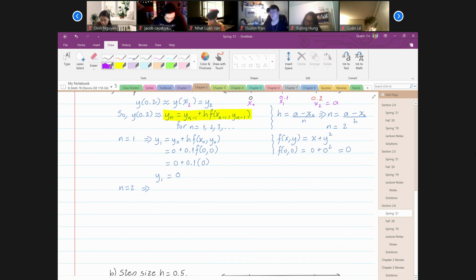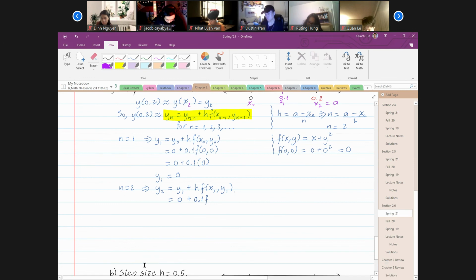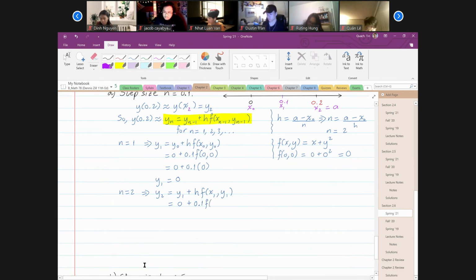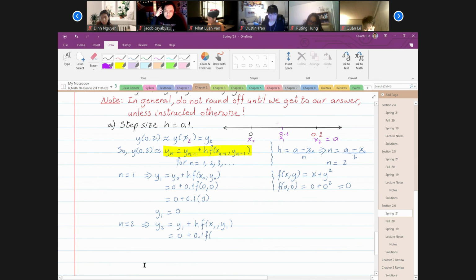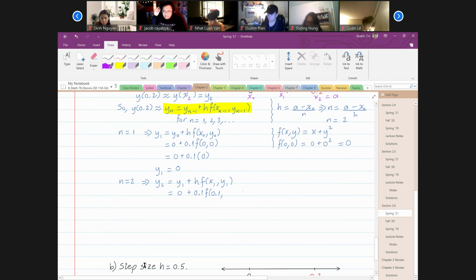Okay, so y sub 2, so n is 2, is equal to y sub 1 plus h times f of x sub 1, y sub 1, where y sub 1 is 0, plus h, which is 0.1. What is x sub 1? X sub 1 is 0.1. Y sub 1 is 0. And then from here, let me write.